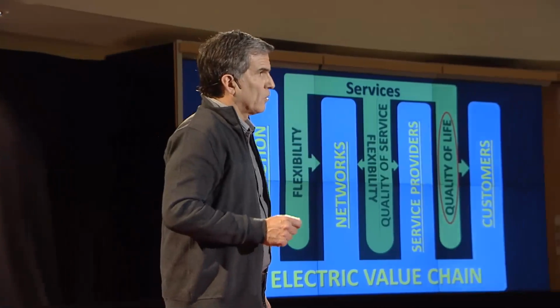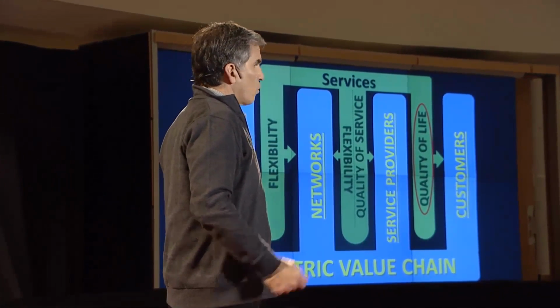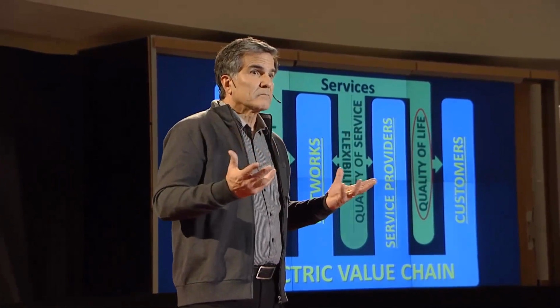Let's start with quality of life. You and I are not consuming electricity right now. We are consuming lighting, some heating, and in warmer climates, it'll be cooling. We use energy all the time in our daily lives.